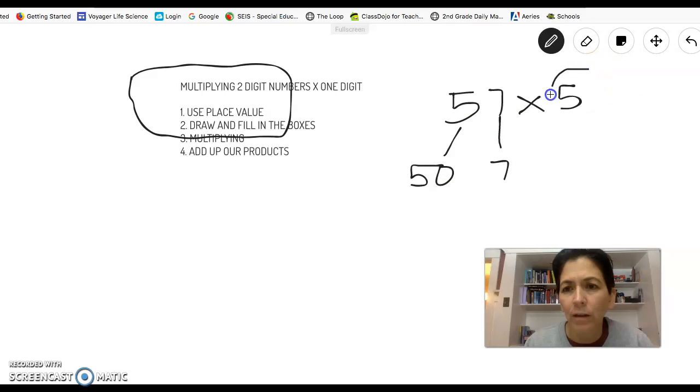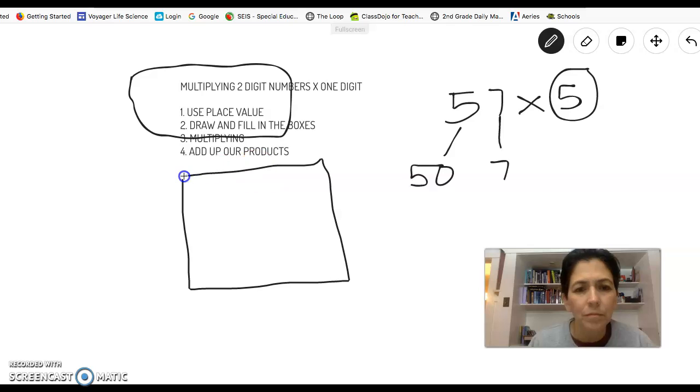And remember, we're going to leave this factor alone. We're not splitting it up. We're not doing anything with that. Okay, so we use place value. Now we're going to draw in our boxes.